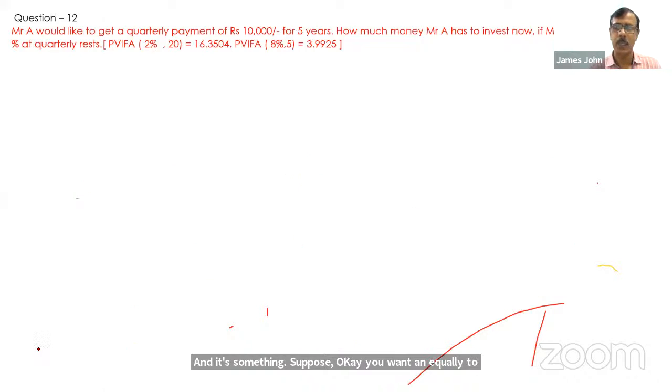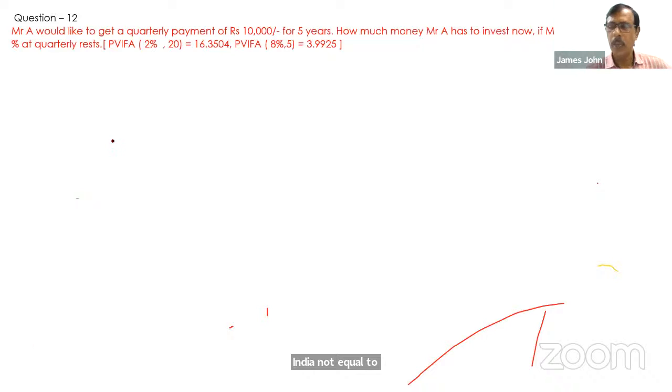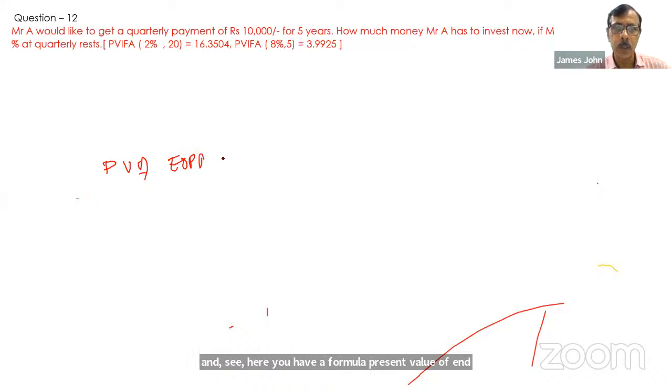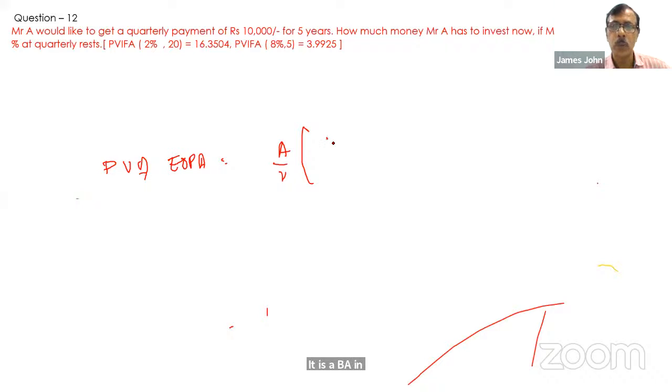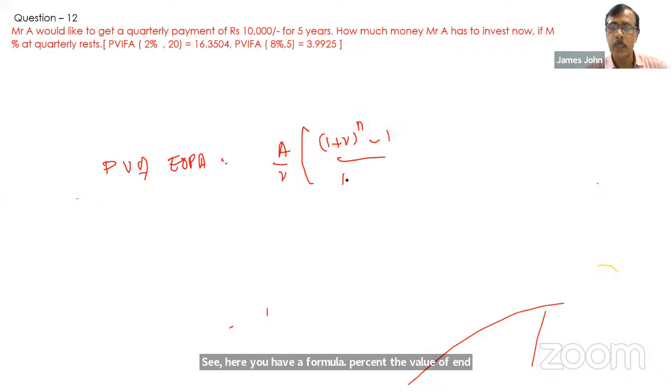I'll repeat. Here you have a formula, present value of end of the period annuity. It is A by R into (1 plus R) the whole raised to n minus 1 by (1 plus R) the whole raised to n.